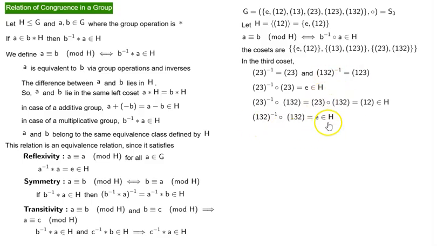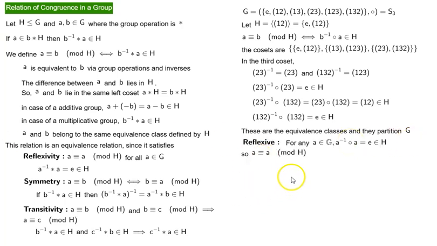You will notice that the results are always in the subgroup. So these are the equivalence classes and they partition G. These three cosets are the equivalence classes and they partition G.